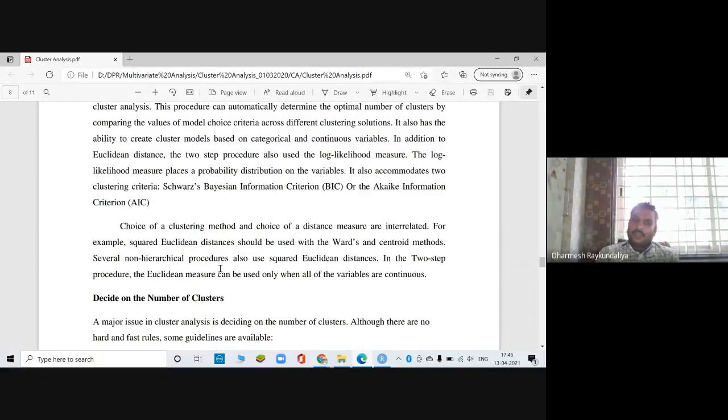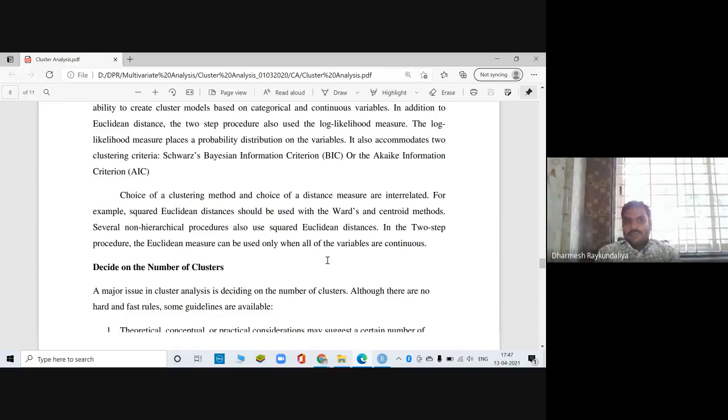And several non-hierarchical procedures also use squared Euclidean distance, as does the two-step procedure. So the choice of clustering and the distance are related. So it is up to you. It is advisable to use squared Euclidean distance as a technique of forming the clusters when you use the Ward or centroid methods.